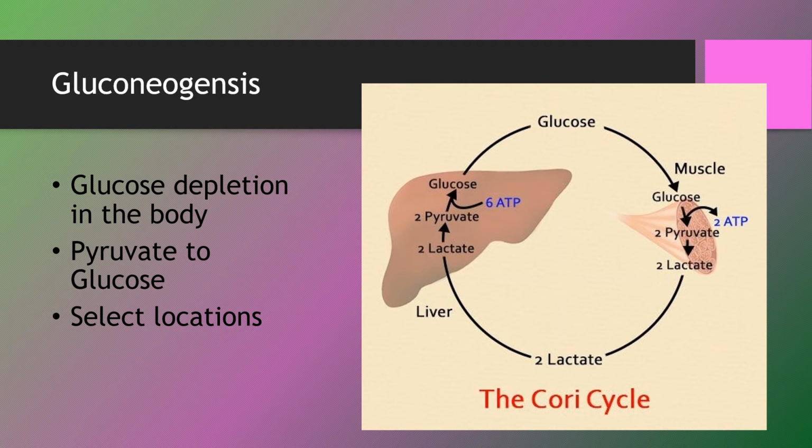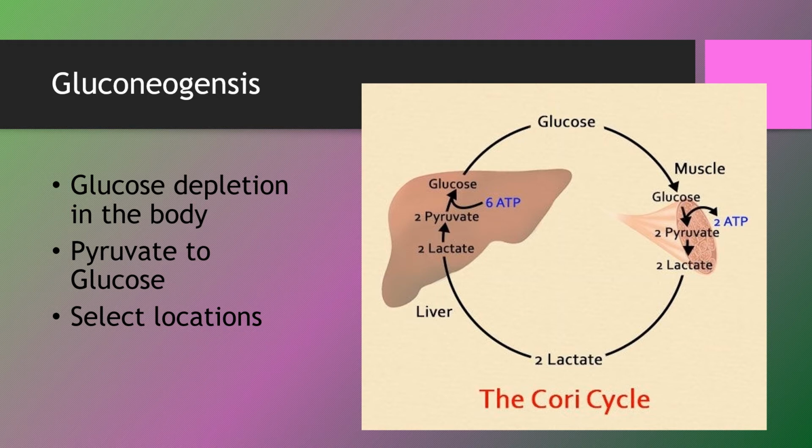And this happens in the liver mostly, but it can happen in the renal cortex of the kidneys, as well as in the epithelial cells in the small intestine. The glucose made by the gluconeogenesis is put into the bloodstream to be used in those tissues that are starving for glucose.